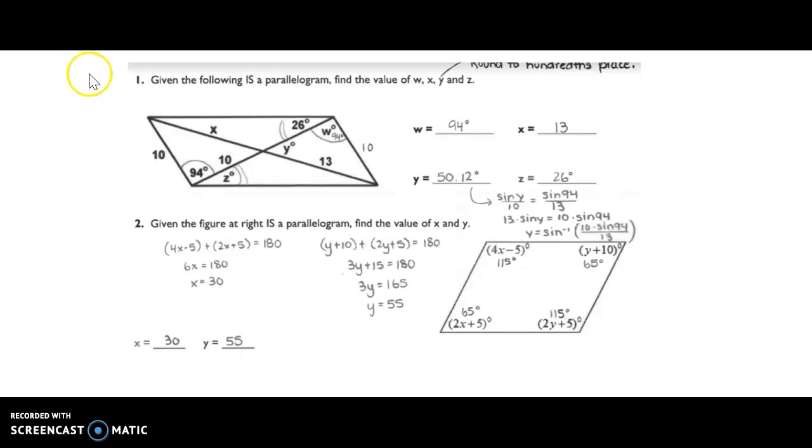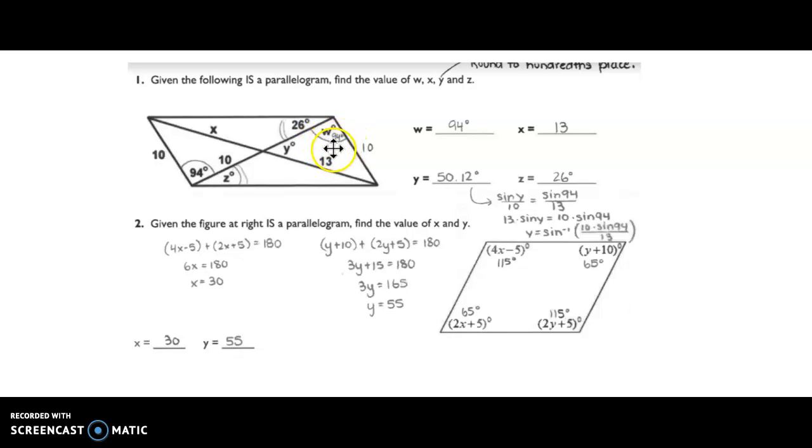For this one, all this work here is part of number 1, actually, where I'm highlighting and circling. We incorporated 8.5 using the law of sines. I think first we figured out, well, if this is 94 here, then angle W has got to be 94.